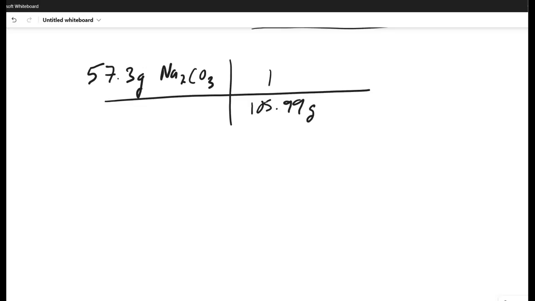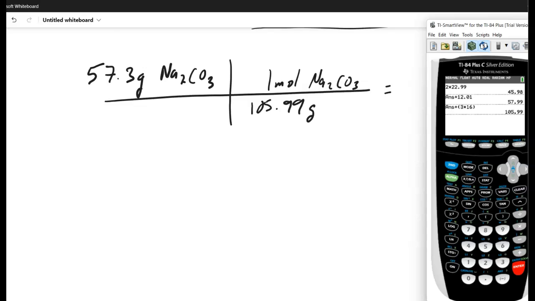105.99 grams per every 1 mole of sodium carbonate. So back to the calculator. 57.3 divided by 105.99, and I get 0.541.